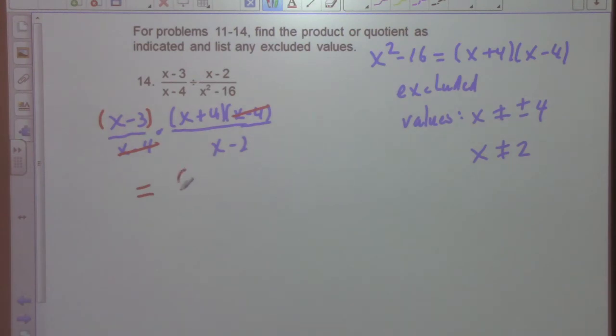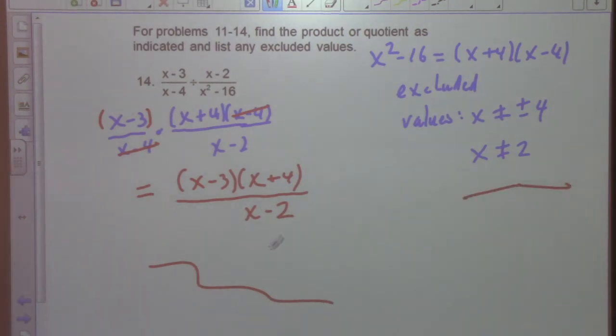We don't really see a lot of them here. Is that as far as we can go on this one? I think, yeah, I think it is.